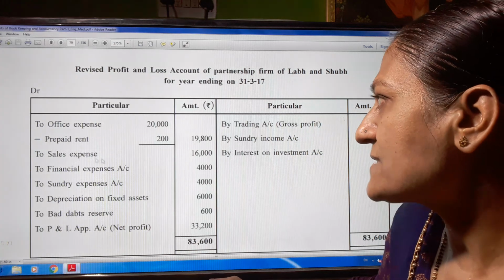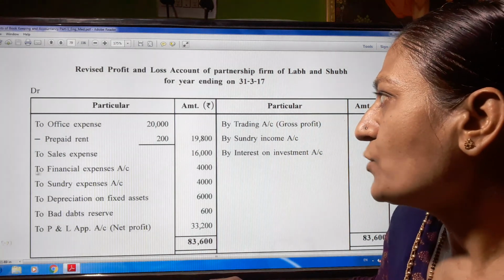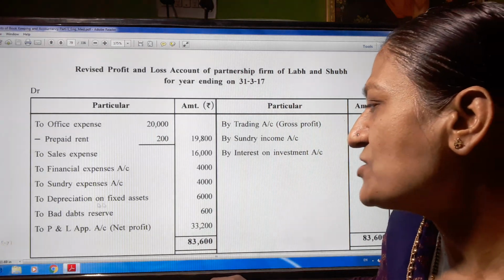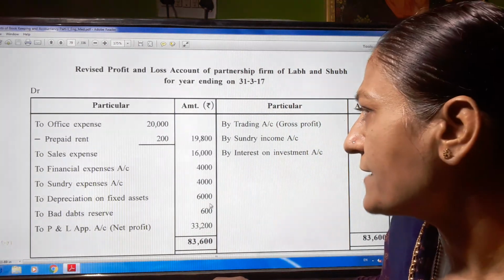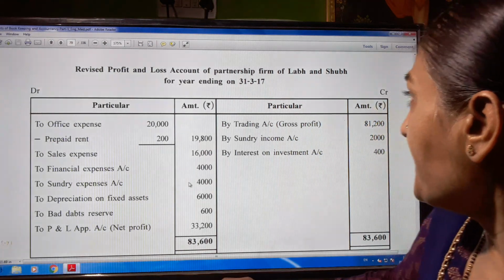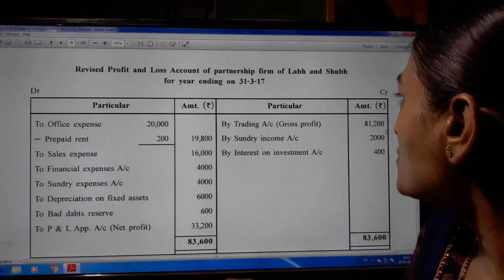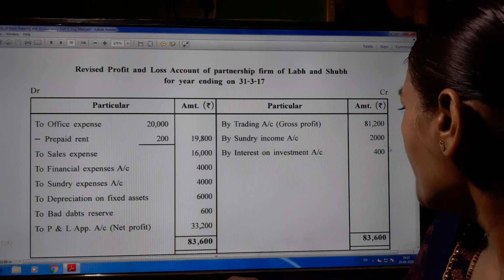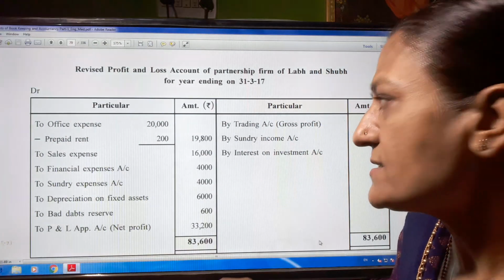To sales expense 16,000, to financial expense 4,000, sundry expense 4,000, depreciation on fixed assets 6,000, to bad debt reserve 600. Trading account gross profit 81,200, sundry income 2,000, by interest on investment 400, total 83,600.